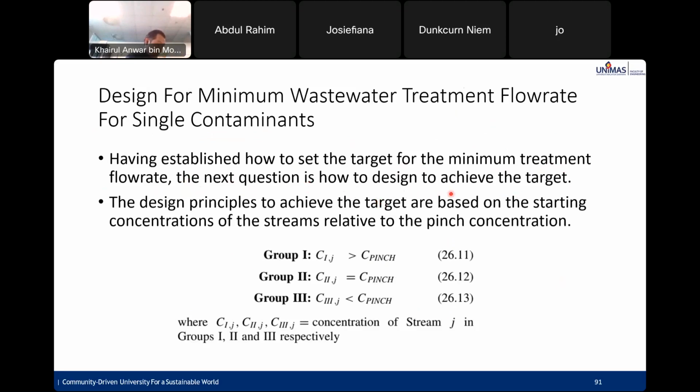At the moment, we have learned about targeting minimum wastewater treatment flow rate for single contaminant. You have two methods: the fixed outlet concentration or removal ratio.